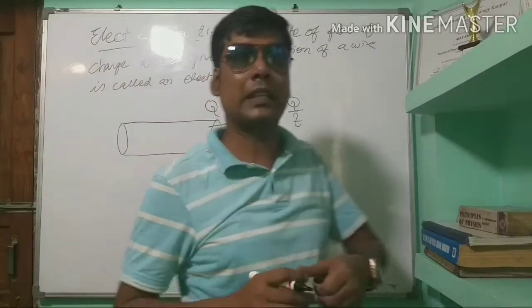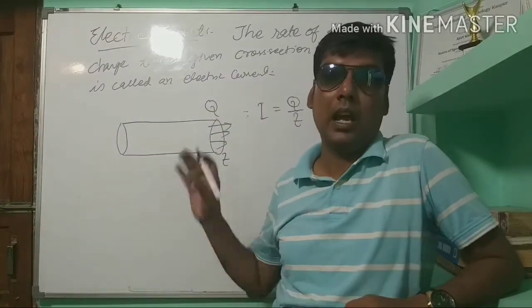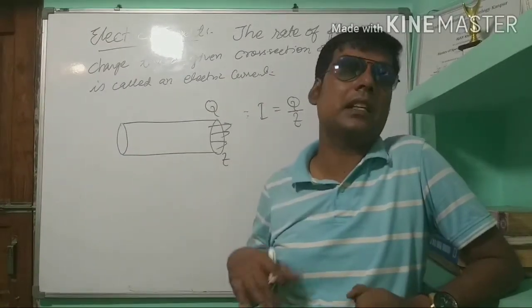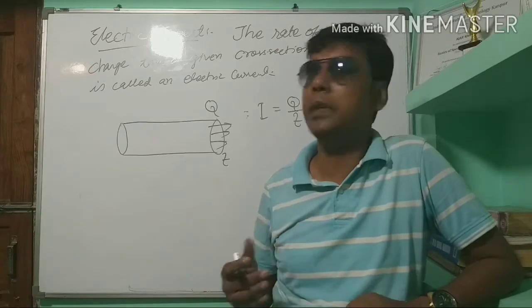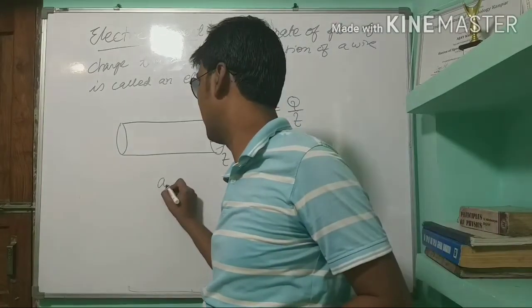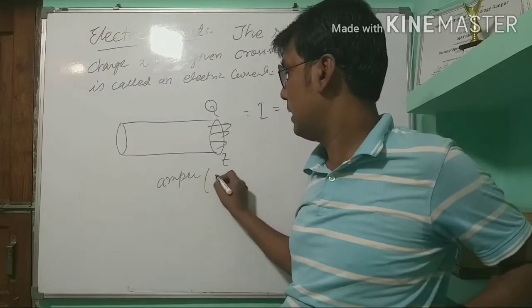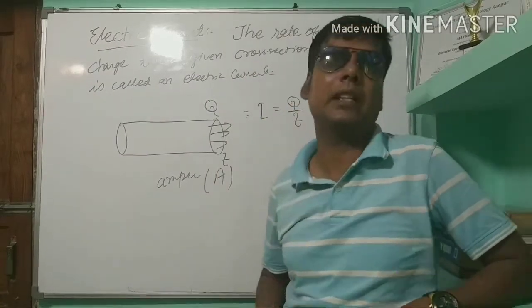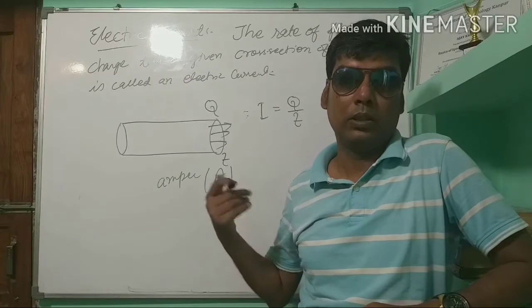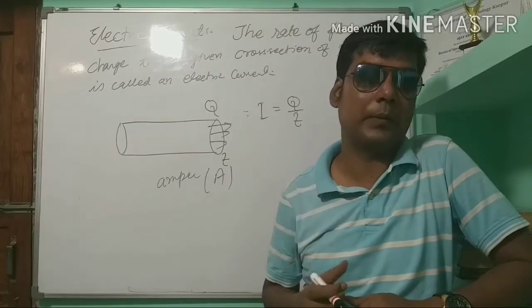This electric current is measured in ampere, and it is denoted by capital A. So, the unit of current is ampere.